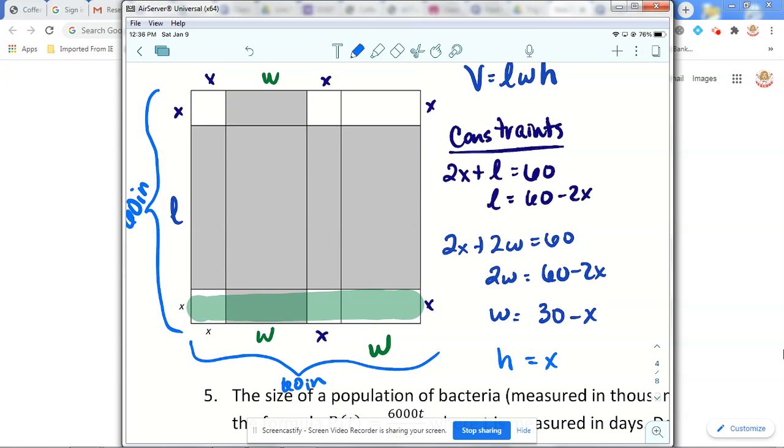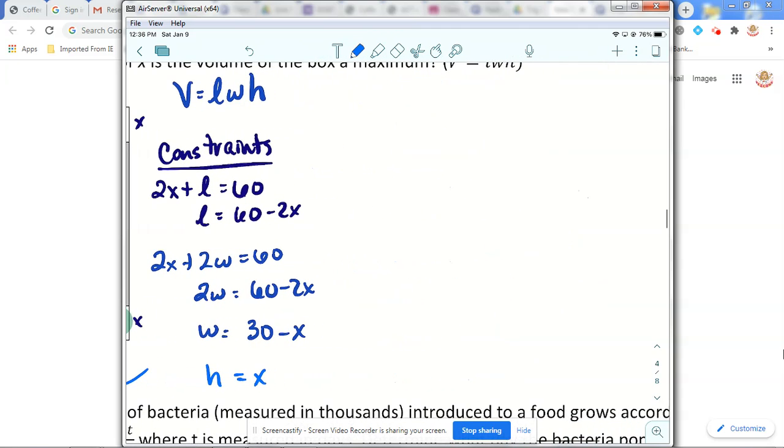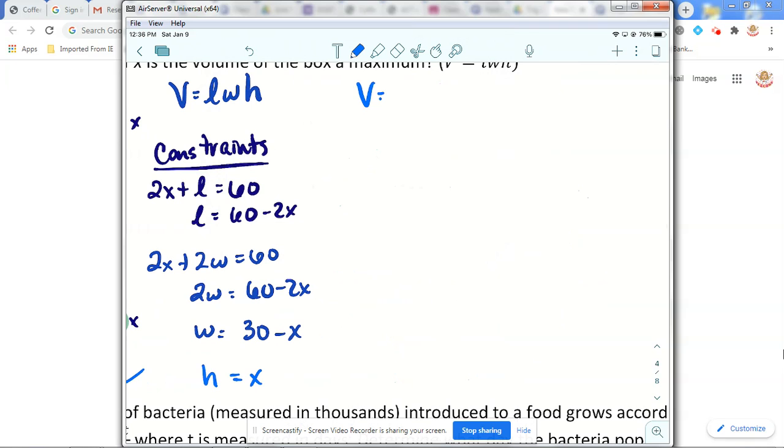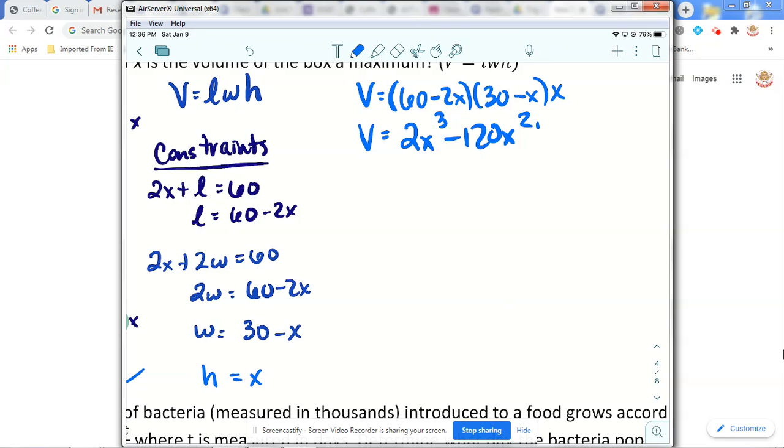All right, so I'm going to take my L, my W, and my H and plug it into V. And you guys are just going to have to trust me that when you multiply these out, you're going to get 2x cubed minus 120x squared plus 1800x.